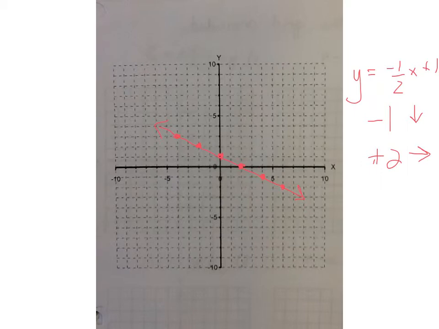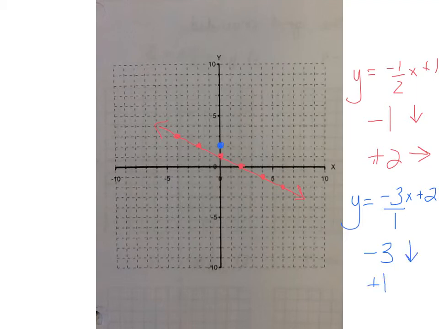Okay, let's do one more together. So y equals negative 3x plus 2. Okay, so because the negative 3 is not a fraction, I'm just going to put it over 1 to give it a fraction. So we know it starts at positive 2, and then the rise is negative 3, so which way does it go? It goes down.